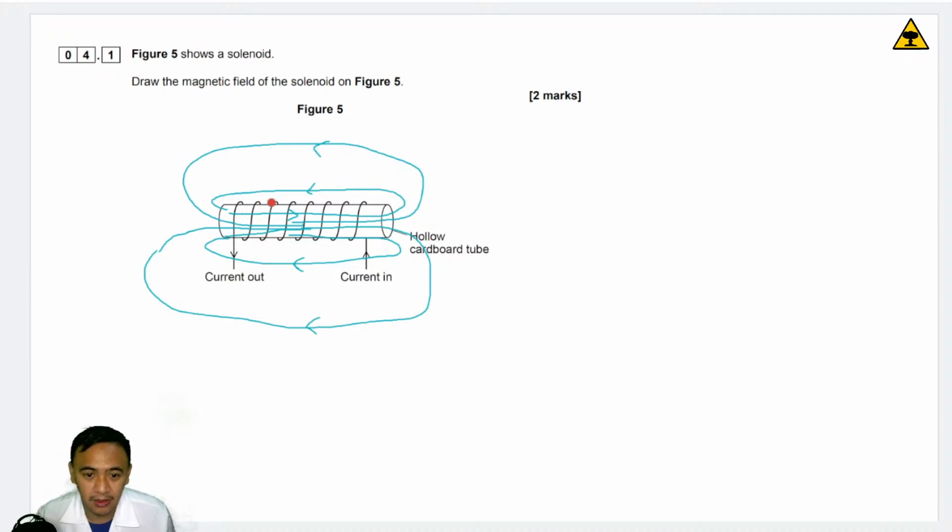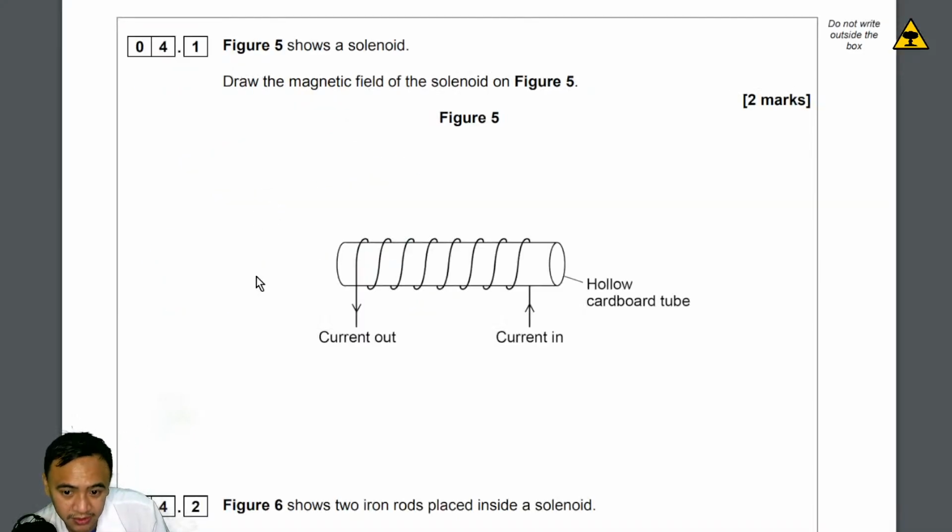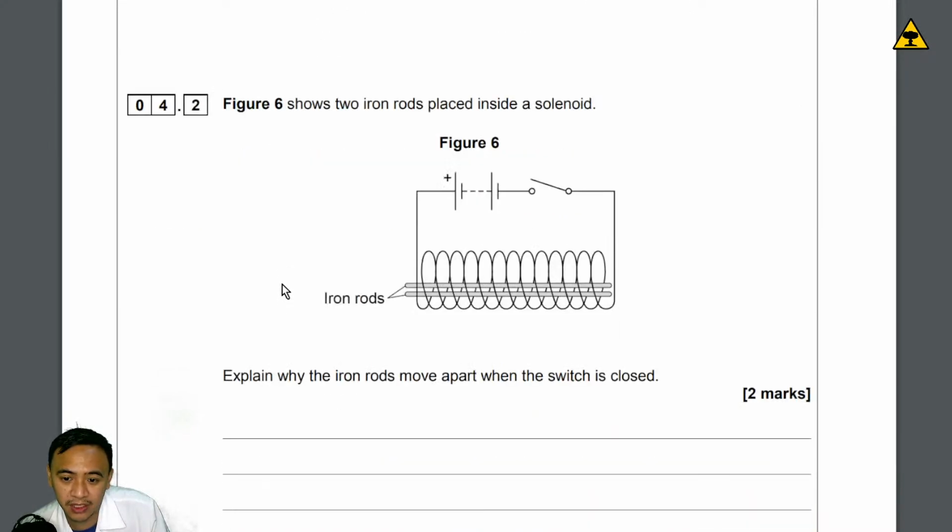Alright, next question. So you have two iron rods placed inside the solenoid. Explain why those rods move away when the switch is closed. Interesting question.